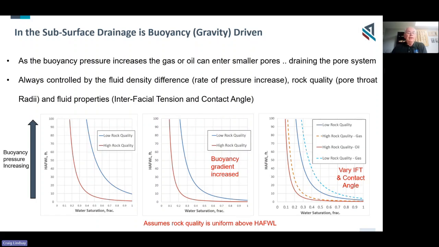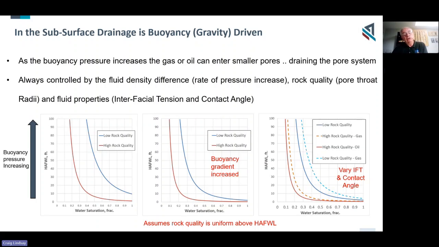Now, moving over to the center image, all I've done here is change the buoyancy gradient. The rock quality that goes into calculating those two curves is exactly the same. However, I've changed the buoyancy gradient, and I think the red one is a gas type buoyancy gradient, and the blue one is more an oil type gradient.